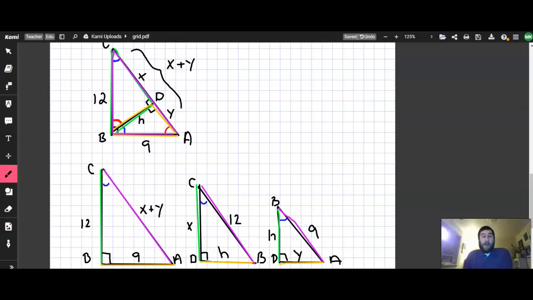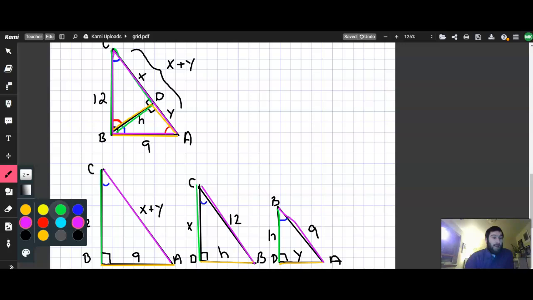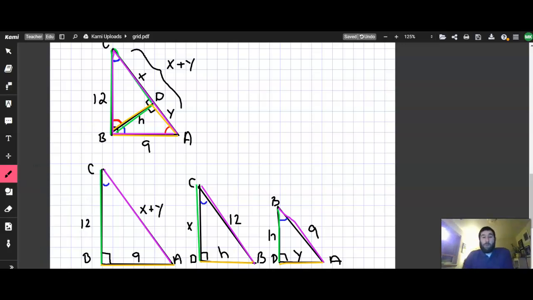Now we can solve for our variables by matching. And ladies and gentlemen, we can see what matches just by lining up what's in the same position. So if I want to solve for x, I'm going to look for x to match with some of the other sides. And I'm going to try to avoid variables where I can. And so I notice that x matches up with 12, which is great.